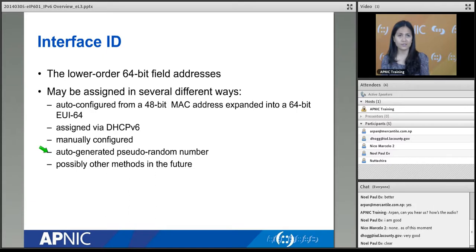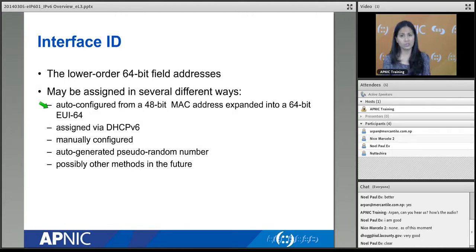With pseudo-random numbers, your machine will just generate random values and assign them as your interface ID. That's it. Now, most operating systems, newer versions of Windows and also Mac OS X, I think, use pseudo-random numbers. Older versions such as Windows 98, I think even Windows 7, or the earlier versions of 7, use EUI-64.